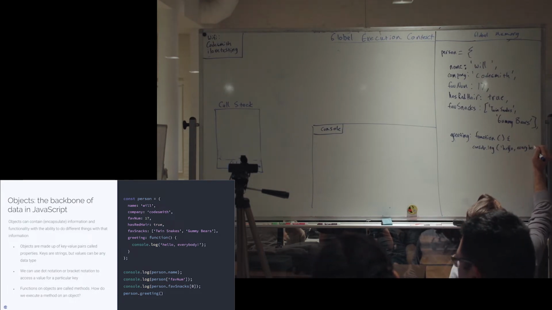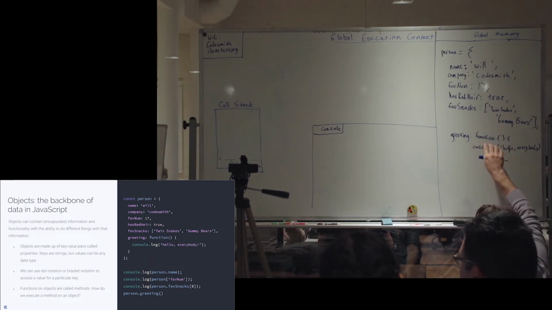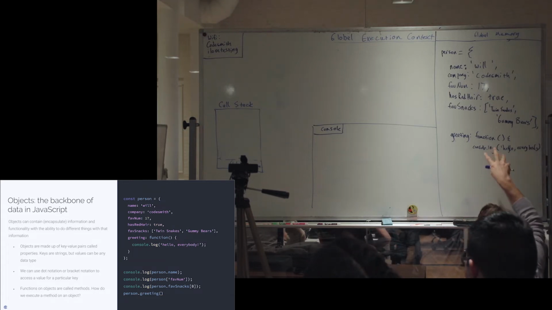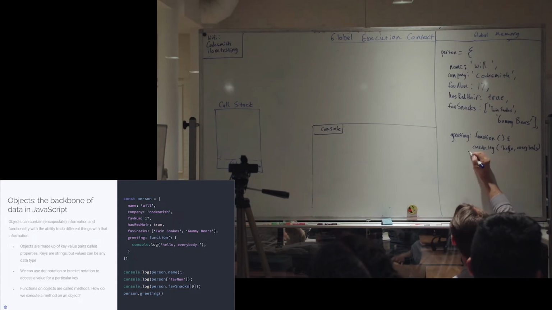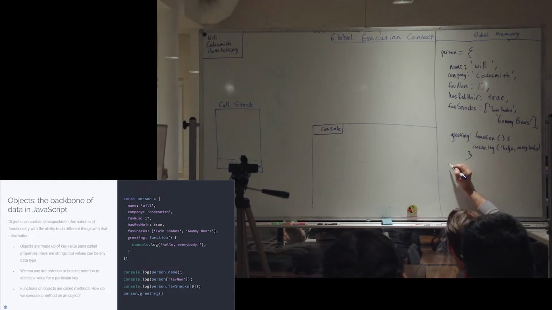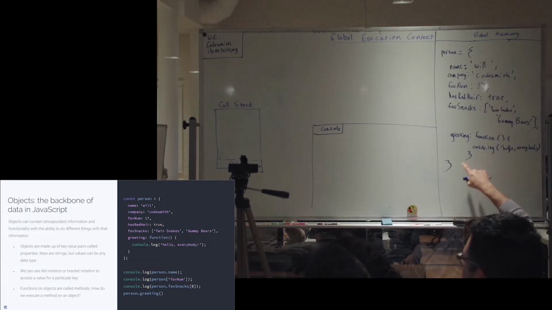Would you have said my function, or did you have to use the word function there? If you said my function, then you would have had to declare my function somewhere else. So here we're declaring a function, and I'll go into what that means in just a second. And then that is our last thing. We don't use a comma on the last one because, just like a sentence, you only put commas between items; at the end you put a period. So we close out the greeting, and then we close out the object.